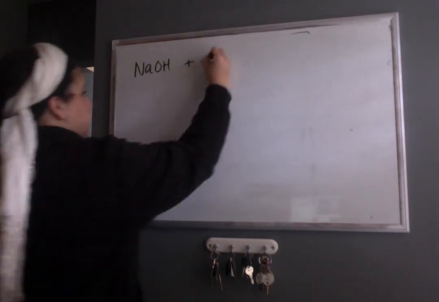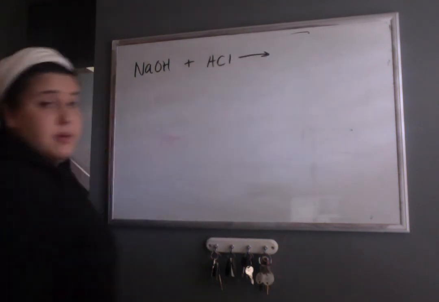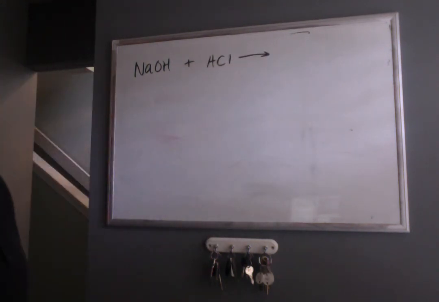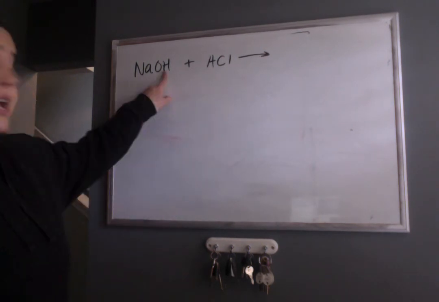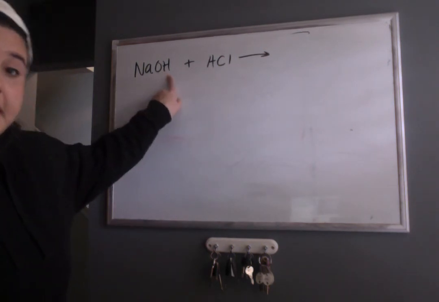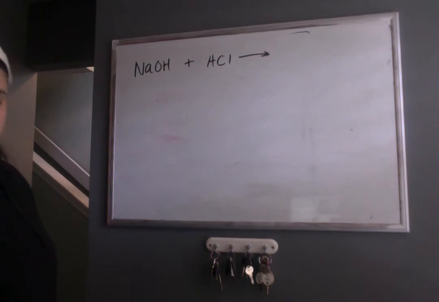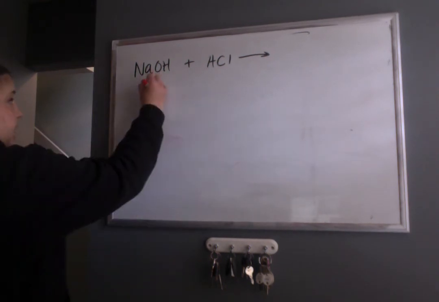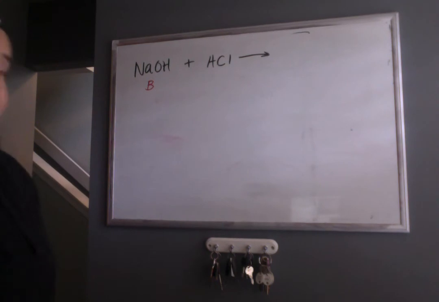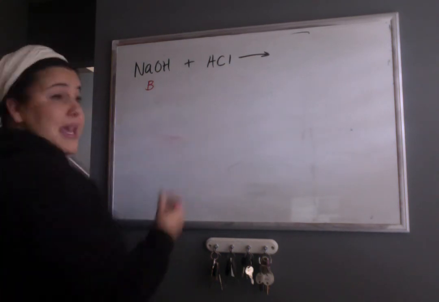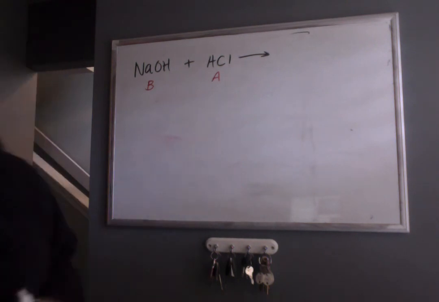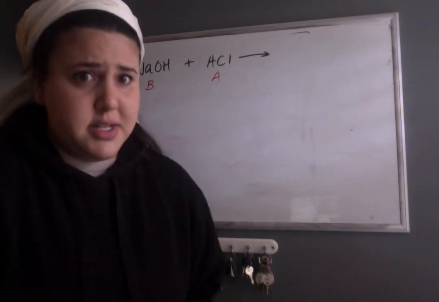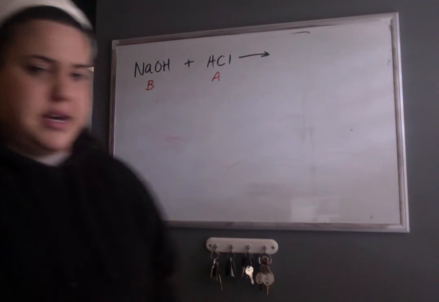NaOH plus HCl. Now, before I write the products, we should be able to, at this point, start to recognize, well, sodium hydroxide, it has a hydrogen, it is capable of donating a proton, but I should recognize this already as a base. HCl, hydrochloric acid, I should be very familiar with that, is an acid. Now, before I write the products, we're going to move on to a different one. We will come back to that one in a second.